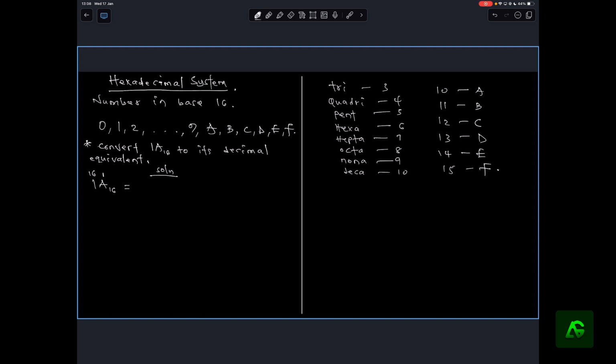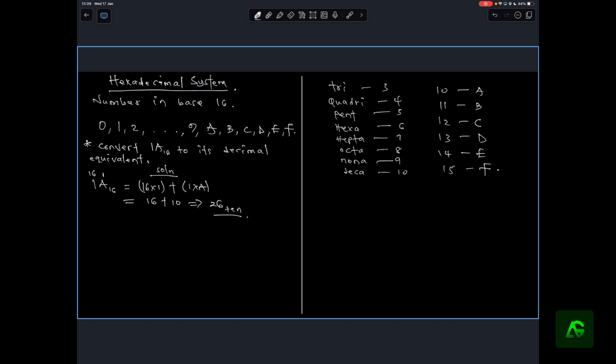So now, let's simplify further. 16 times 1, then we have 1 times A. So we have 16 plus, but our A is 10 in base 10, right? That is 10 times 1, that is 10. So the addition of these two will give us 26 in base 10.